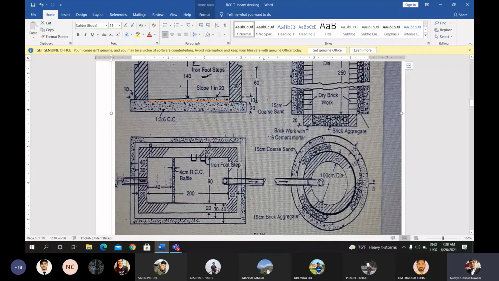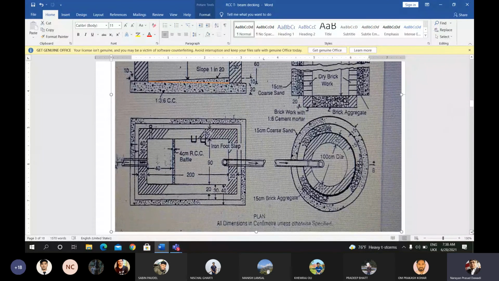The total diameter is 100 plus 20 plus 20, 140 centimeter, that is 1.40 meter. Again this is circular shape. So pi into 1.4 square divided by 4 into height 0.20, 20 centimeter. This is for the bottom portion.